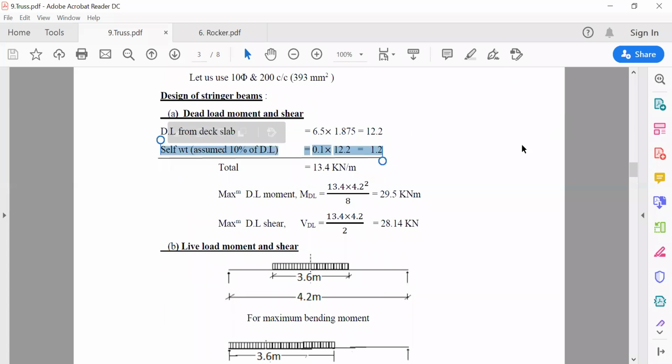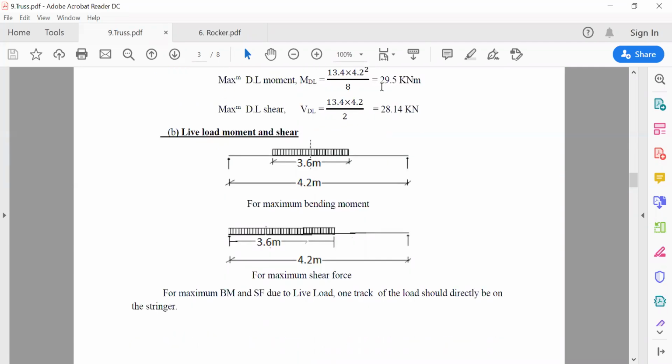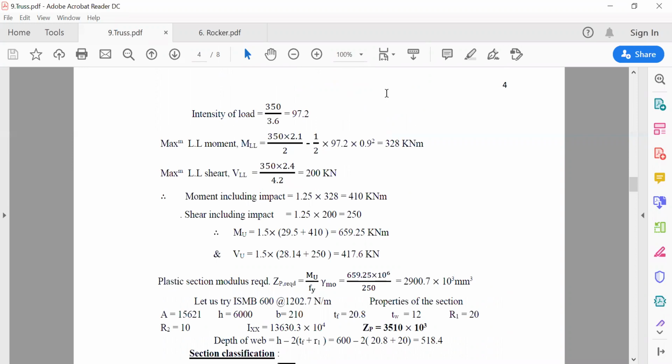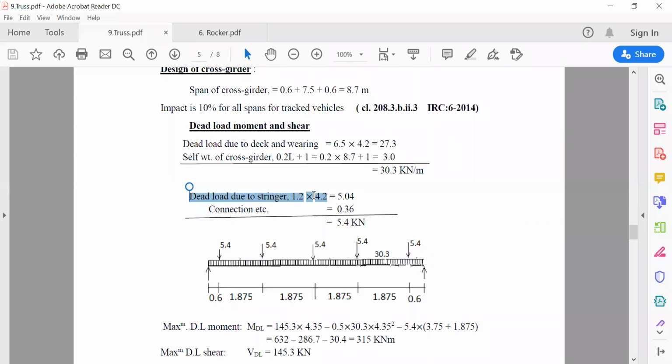This is self weight of the stringer. Now this weight of the stringer is also falling on the cross girder. So that's why this stringer into the length perpendicular, then you get the total load.